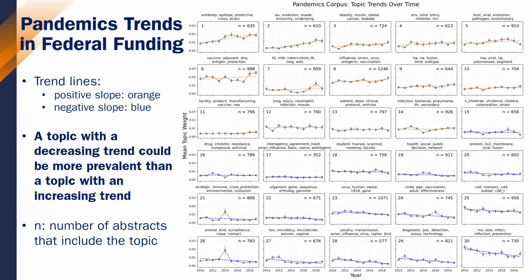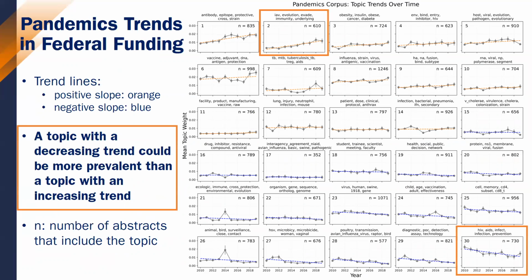And again, we make a note that topic 30, which is one with a decreasing mean topic weight trend, is more prevalent than topic 2, which has an increasing mean topic weight trend. So topic 30, its actual mean topic weight is higher than that of topic 2, and so is its N value. And topic 30 happens to be about HIV and AIDS, so we would say this is a more prevalent topic than topic 2, which is about the influenza A virus.